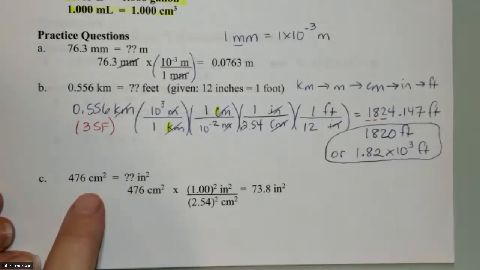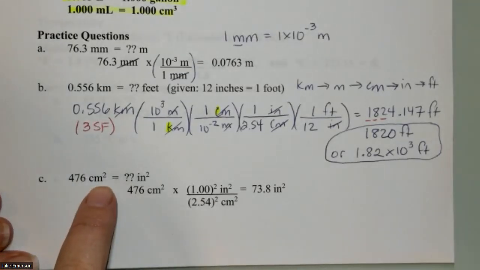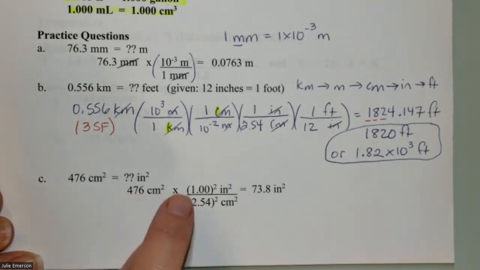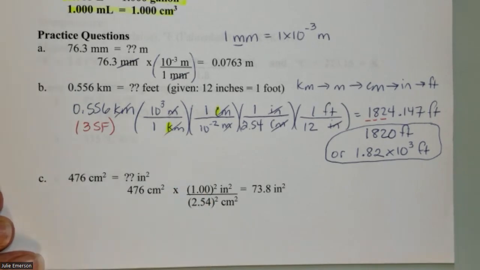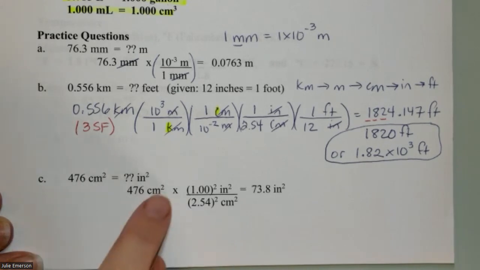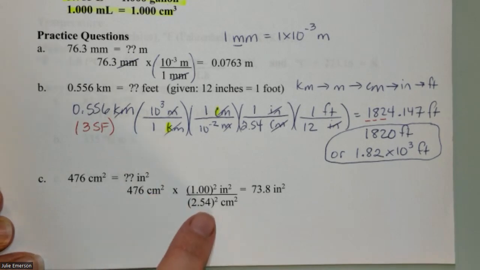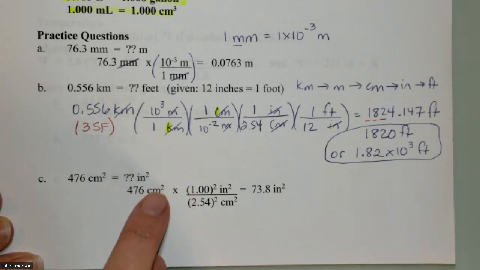All right. Now, if we have an area unit, something that's squared, or if we have a volume unit, something that's cubed, if we're going to do a unit conversion for area or volume, we have to be careful with that dimension. In other words, this is a 2-dimensional unit. So if I take 2.54 centimeters equal to an inch, I have to do that twice.